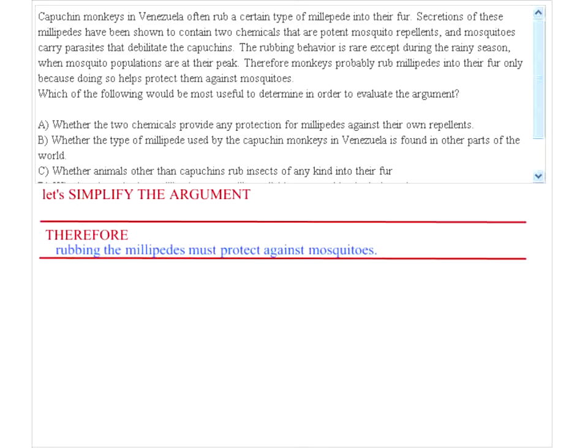The evidence on which this is based is they only rub the millipedes in the winter, in the rainy season. And also there are lots of mosquitoes in the rainy season.